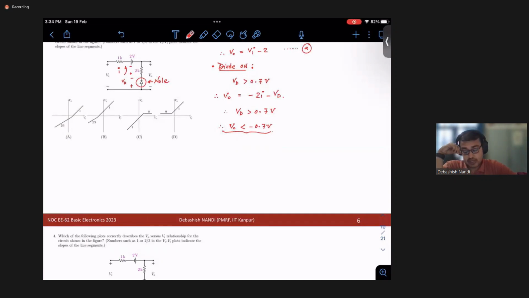V naught has to be less than minus 0.7 volt for the diode to be conducting, right? So now let's see the equivalent circuit.